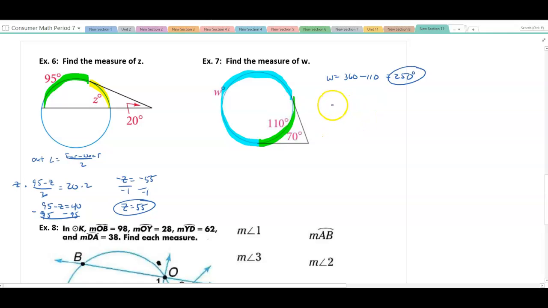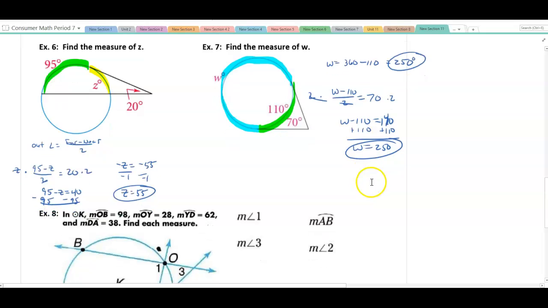But if you wanted to do far minus the near, all divided by 2, equals that outside angle, I could easily get the same answer here. Okay, add 110, and W is equal to 250 degrees. Either way you do that, you get the same answer.